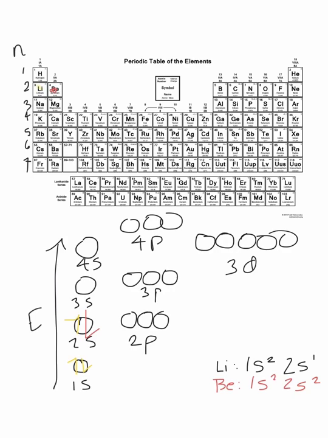All right. So what we see here is that in lithium, if we look at our valence electrons, where our valence electrons are the electrons that are in the outermost n level, lithium has a valence electron configuration of 2s1, whereas beryllium has 2s2.